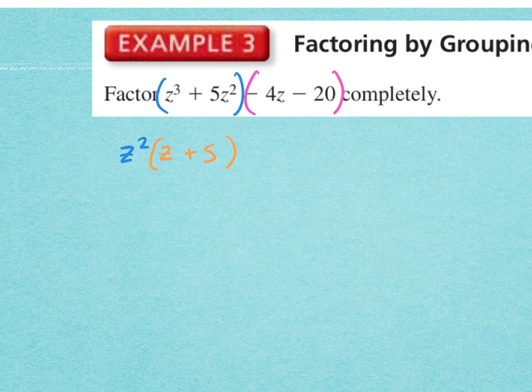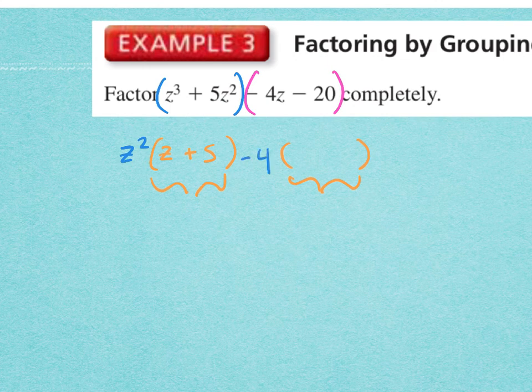Now what do we have in common in this pink parentheses that we can take out? 4. We could take out a 4, but then what would we be left with in our parentheses? We would be left with negative z minus 5, and we need the parentheses here to be the same as the parentheses here. So what can we take out to make it a z plus 5? Negative 4.